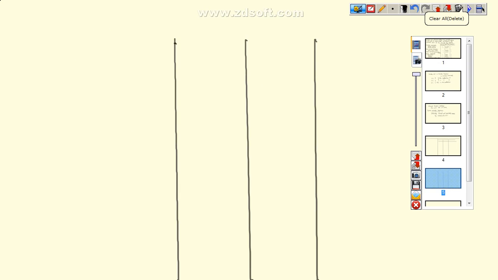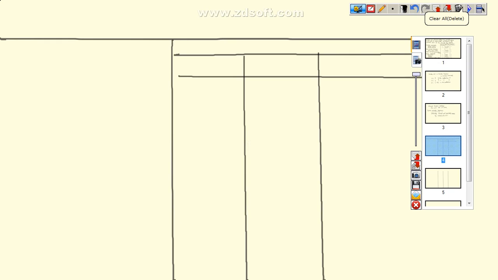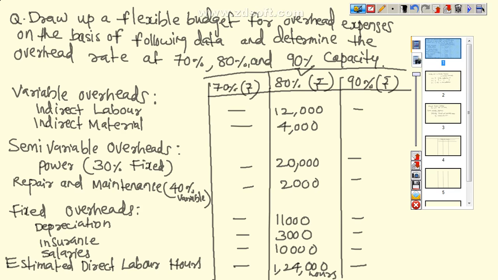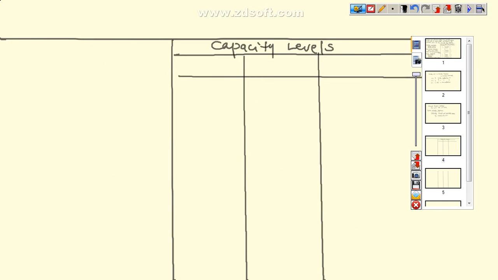So we prepare this table. Here we write capacity level, capacity levels according to the question. What are the levels of capacity? 70, 80 and 90. So we write it here 70%, 80% and 90% capacity.